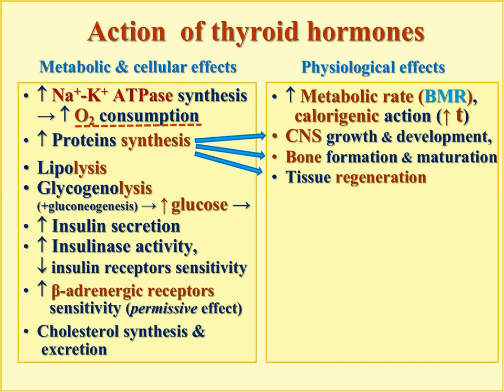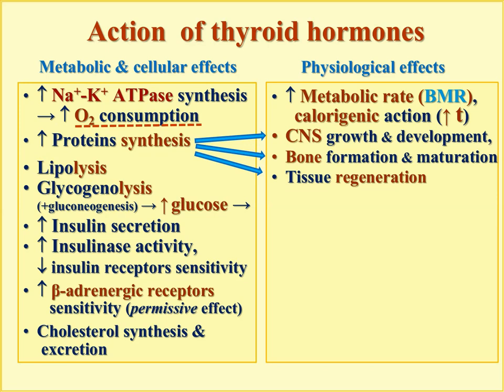And therefore, exactly during this period, the presence of thyroid hormones is of high importance. And deficiency of thyroid hormones exactly during this time will have very bad, irreparable consequences. So central nervous system growth and development stays separate from other types of stimulation of protein synthesis because it is related to a specific age only.